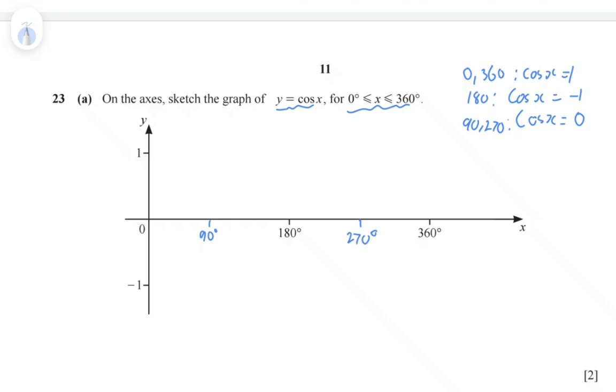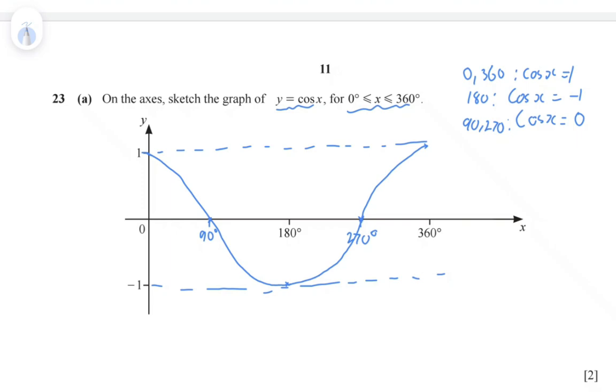Seeing this, we can plot a general graph of cos x, starting at 1 and following this shape. Thus, this is the graph of y equals cos x, where it is no more than 1 or less than negative 1.